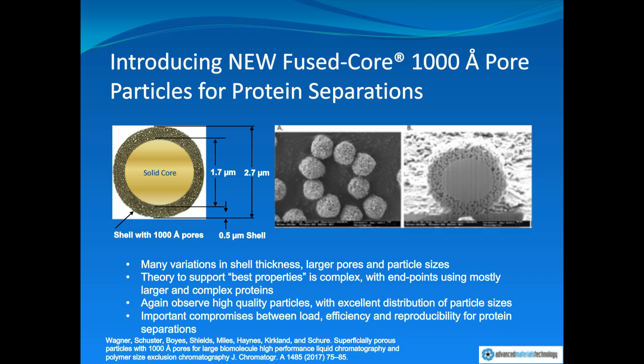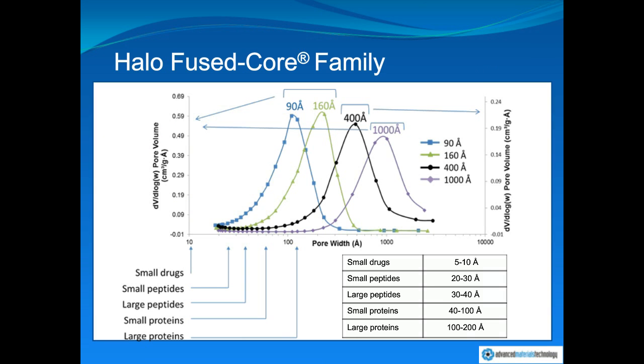Now, I'm going to describe a little bit here about some of the properties of this family of materials that we've brought to market. But first, to the bottom right-hand side, you'll see a table that describes the approximate size of different classes of compounds, small drugs through large proteins.